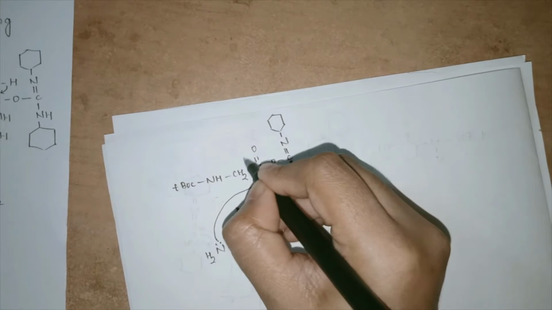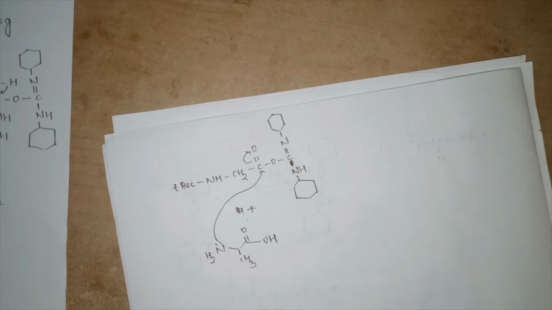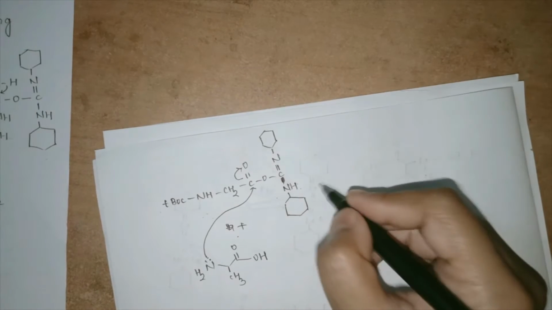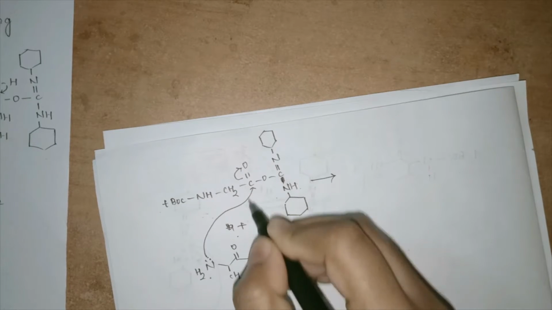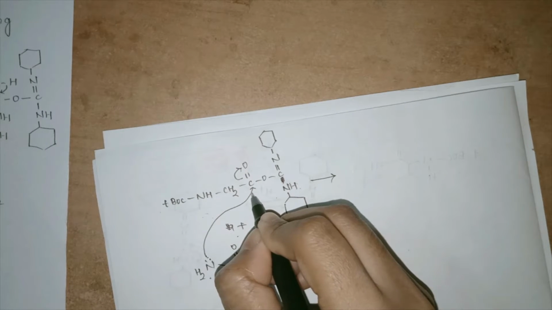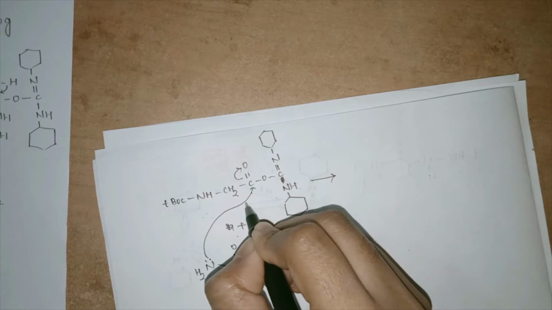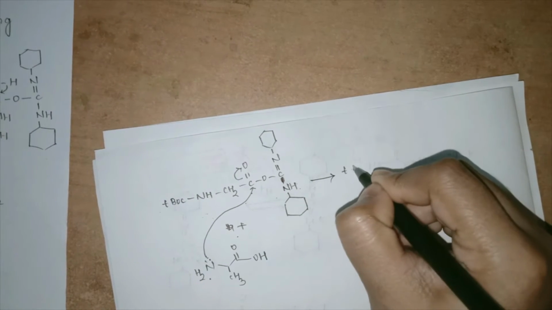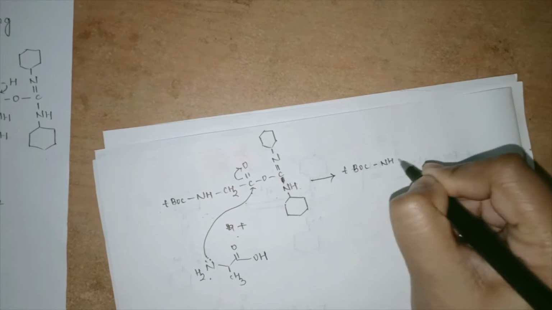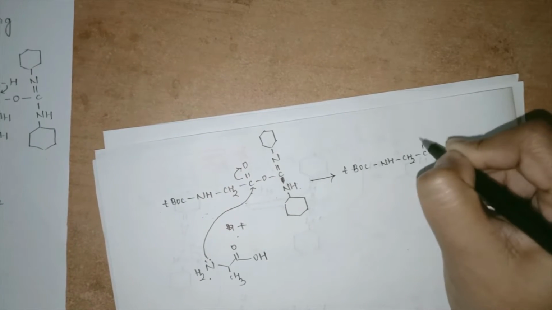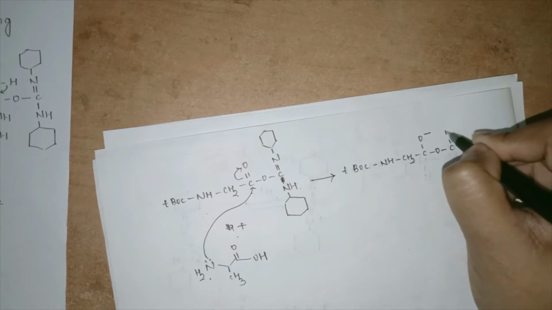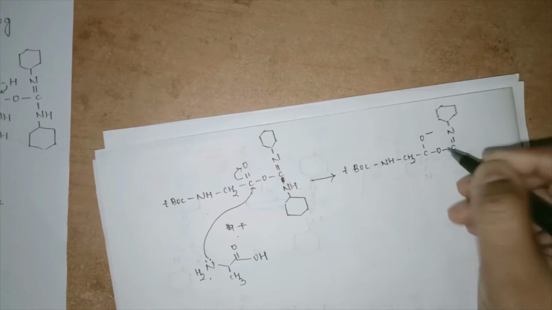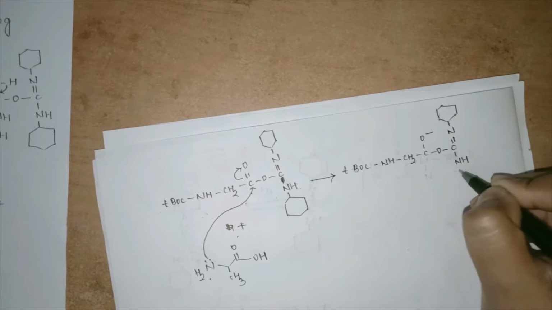Then there is a movement of the electrons, and once that happens, we get this particular system. The lone pair of electrons from alanine has attacked the carbonyl carbon of the activated site of the glycine system. So we get this particular product, TBOC NHCH2 CO minus OC NH.